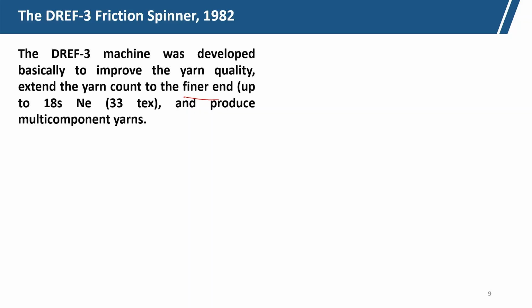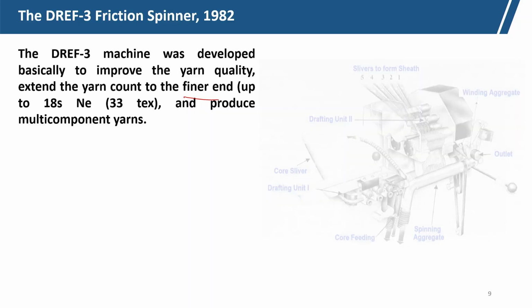Here we can produce three different components: one may be the core filament, then core staple fiber, and the sheath staple fiber. So we can use the multi-component yarn for specialty applications.